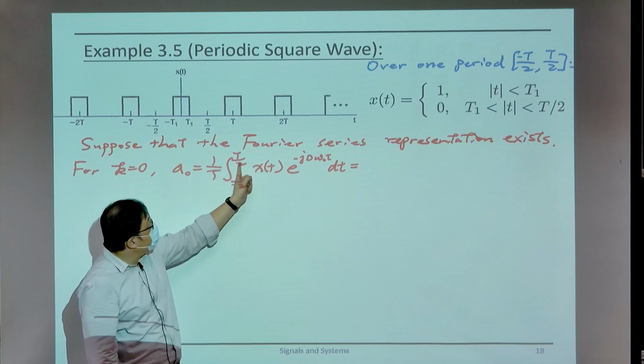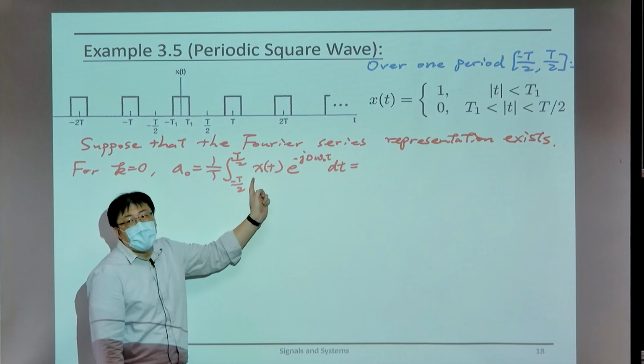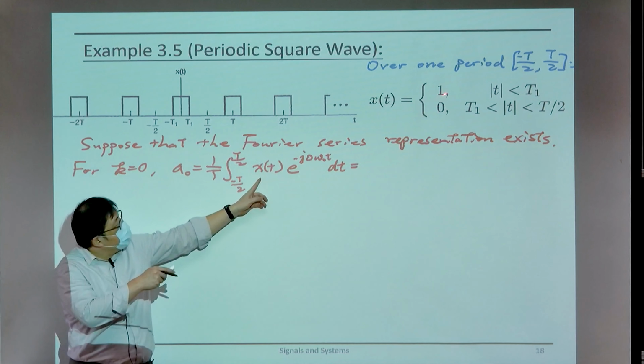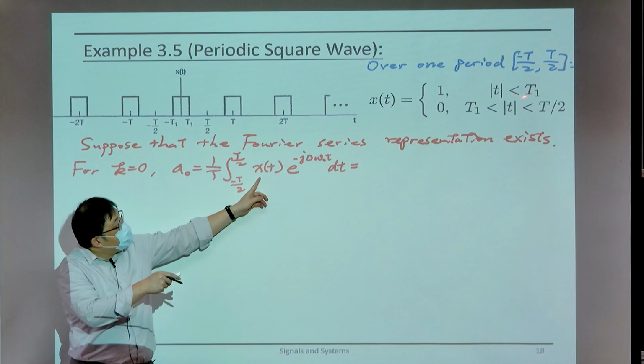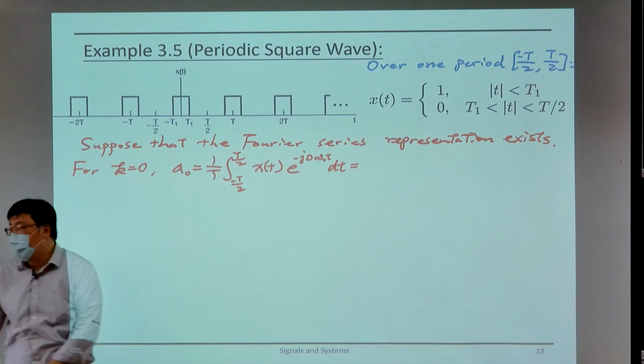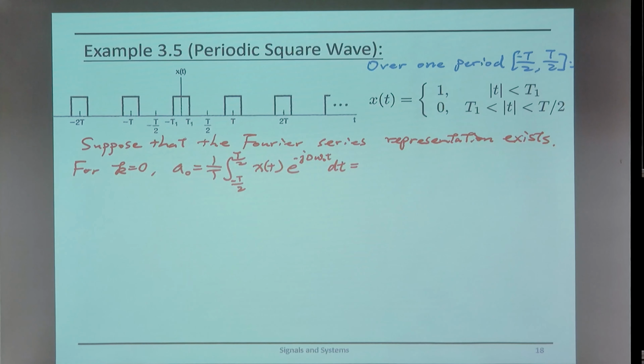So I have just an integral over x of t, but x of t is non-zero only from minus t1 to t1. So this becomes 1 over T, limiting the integral from minus t1 to t1, of the constant 1 dt.